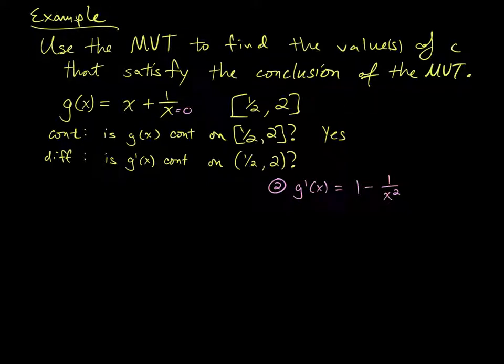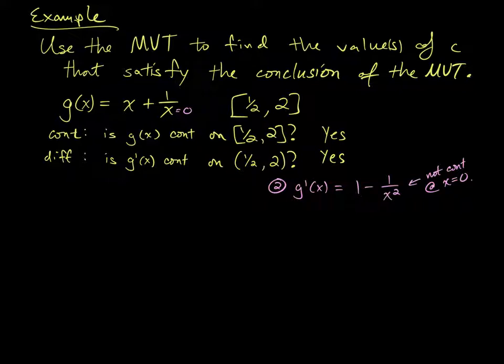And again, this is not continuous at x equals 0, and again, that 0 is not included in this interval. So the answer here is yes. It is continuous on the closed interval and differentiable on the open interval, so we can use the mean value theorem.